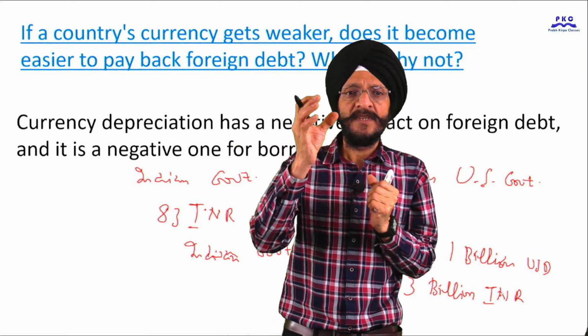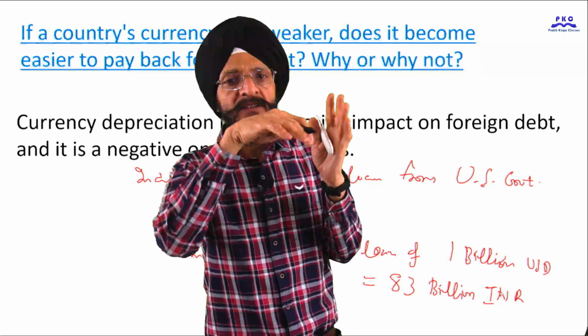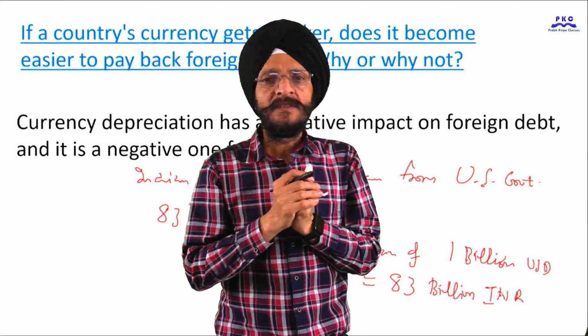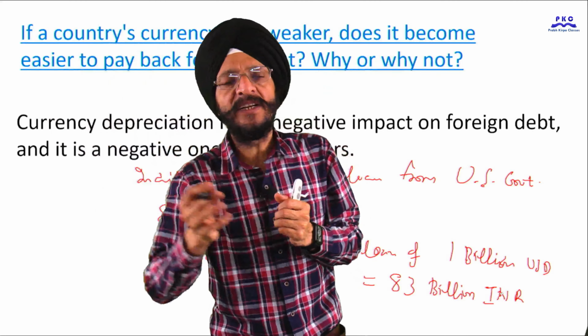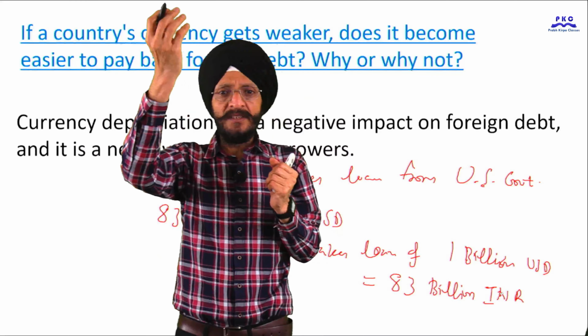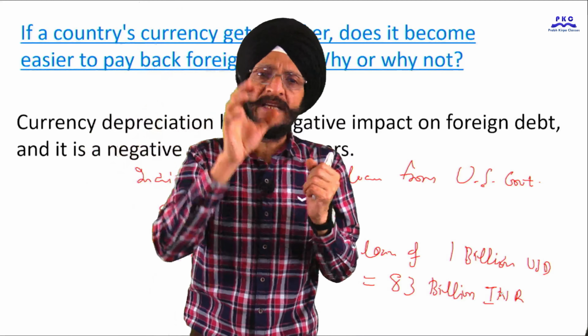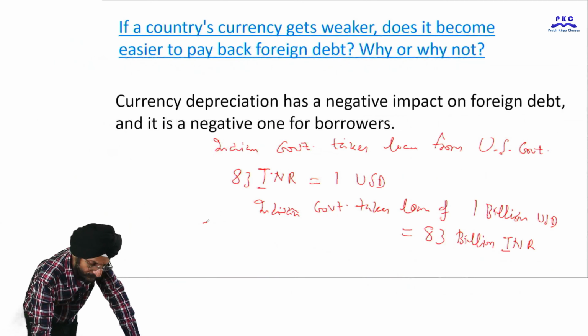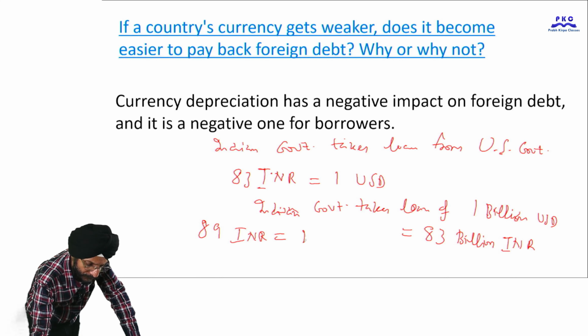Suppose today the government has availed the loan. Say tomorrow, or some days later, the value of Indian currency depreciates. It means that suppose it becomes equal to 89 Indian rupees.